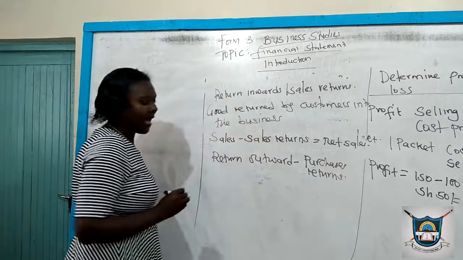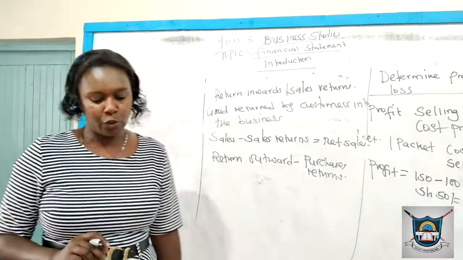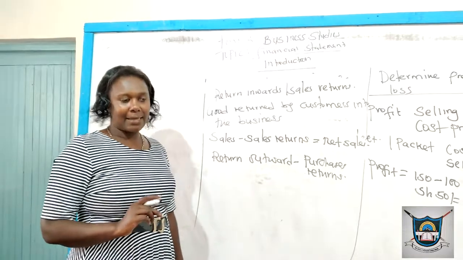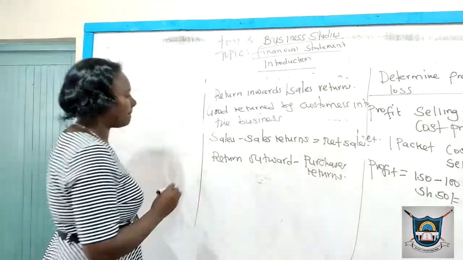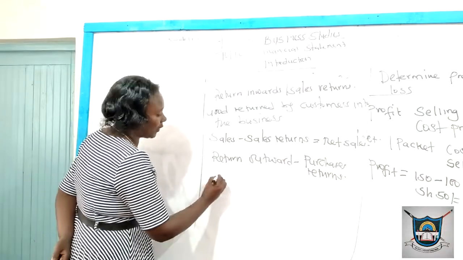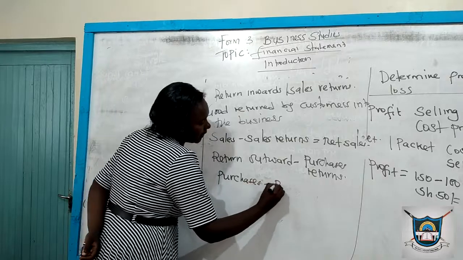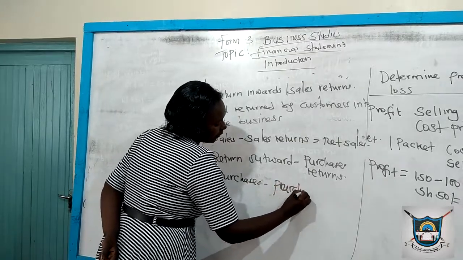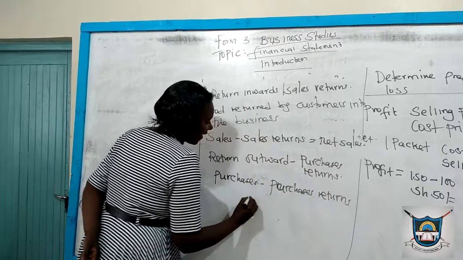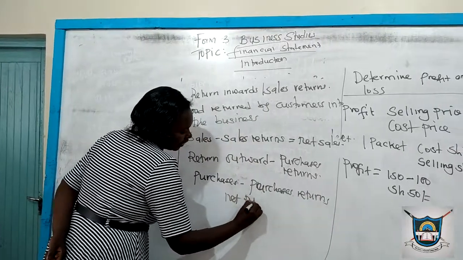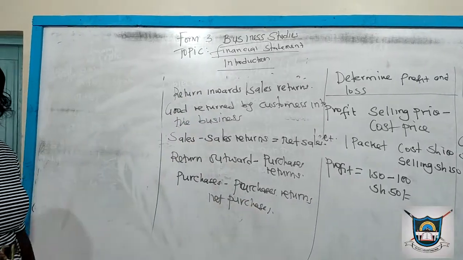Purchases returns are goods returned by the business to suppliers, and they are subtracted from the total purchases to get net purchases, meaning that we have purchases minus purchases returns, which gives us the net purchases. So that is another term we are going to find in this topic.